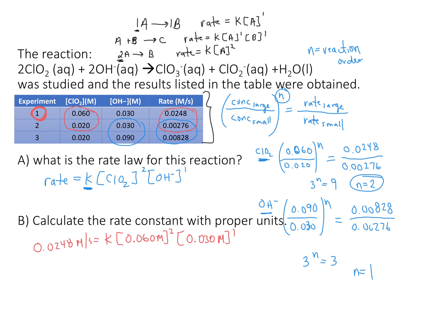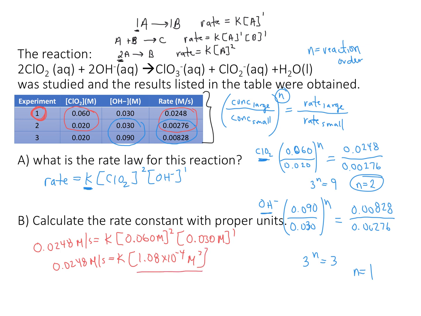Square that, multiply those two together, and I get 0.0248 molar per second equals my rate constant times 1.08 times 10 to the minus 4 molar cubed.